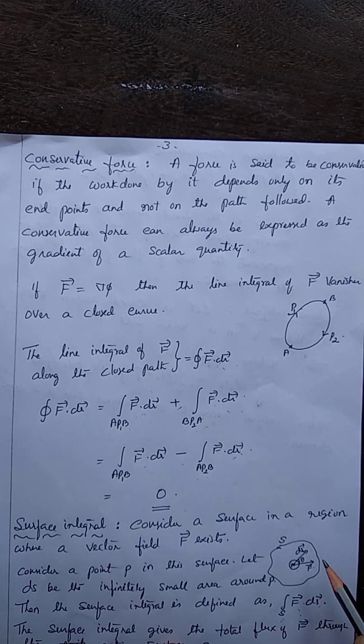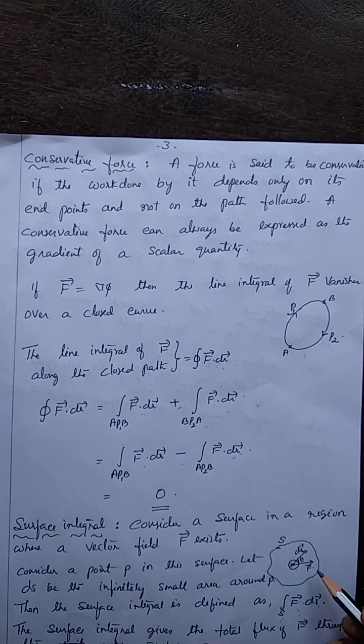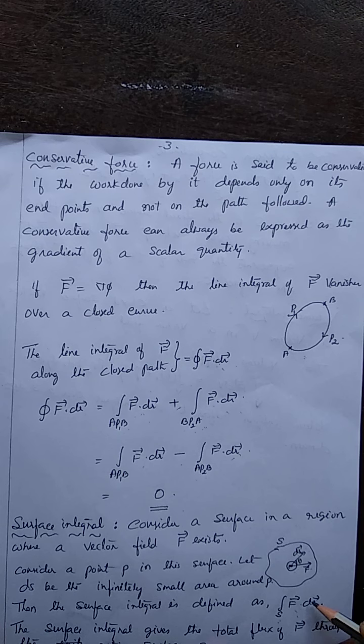Say, for example, if you consider the electric field E and a closed surface, then the surface integral of that electric field about the closed surface S gives the total electric flux coming out from the surface.